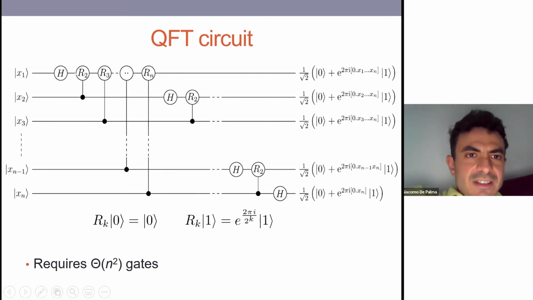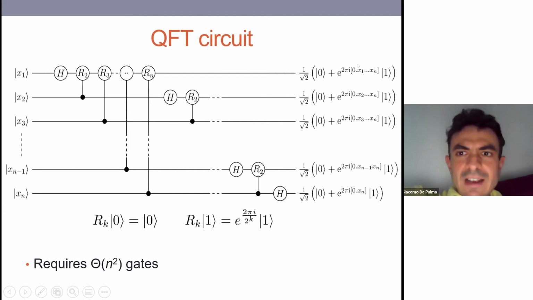And then you see that on this qubit, we will act with all the controlled operations R2, R3 up to Rn. So these controlled operations depend on the state of the other qubits, and they will all add all these phases that appear here in this decimal expansion.